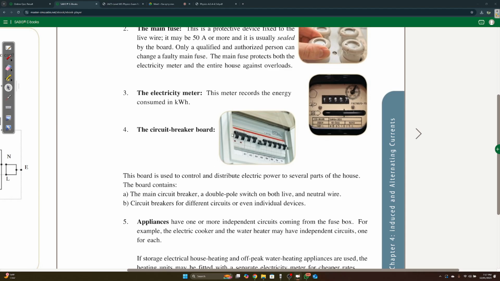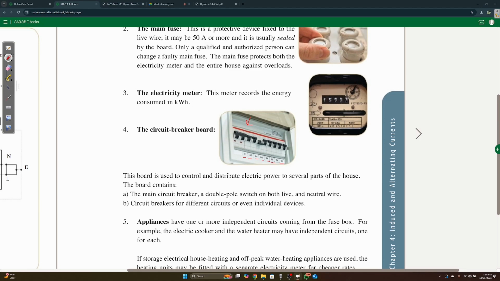The circuit breaker board, I'm sure many of you have seen this before in your house. I have one. I'm seeing it right now. It's right beside my room. And this is basically where you can turn on and off parts of the house. I'm going to use this one as an example. See how it says A1, A3, A4, A6, B4, and so on.